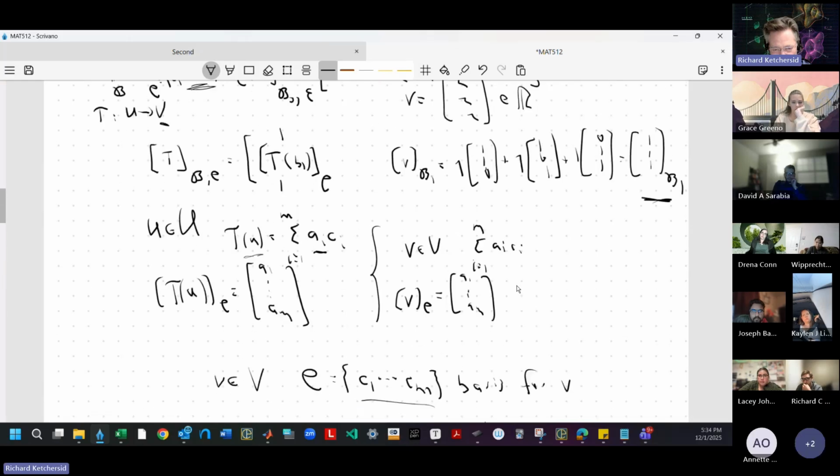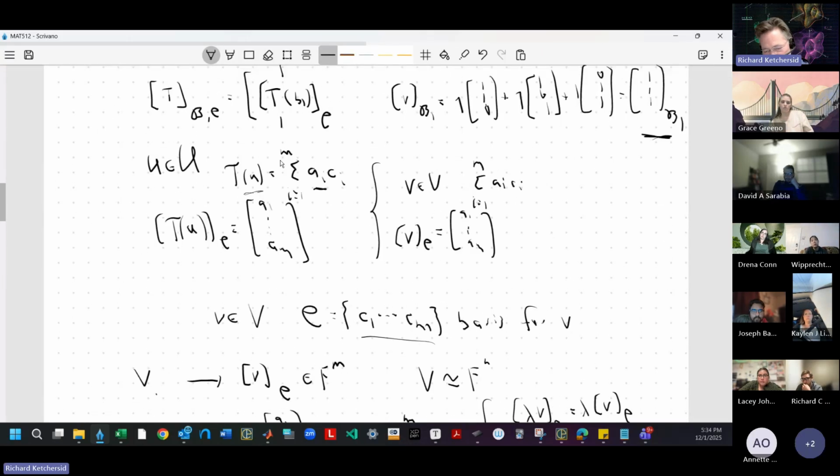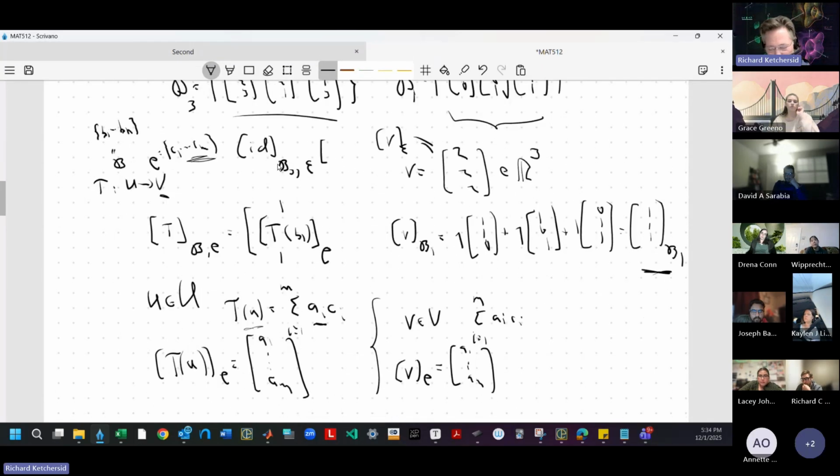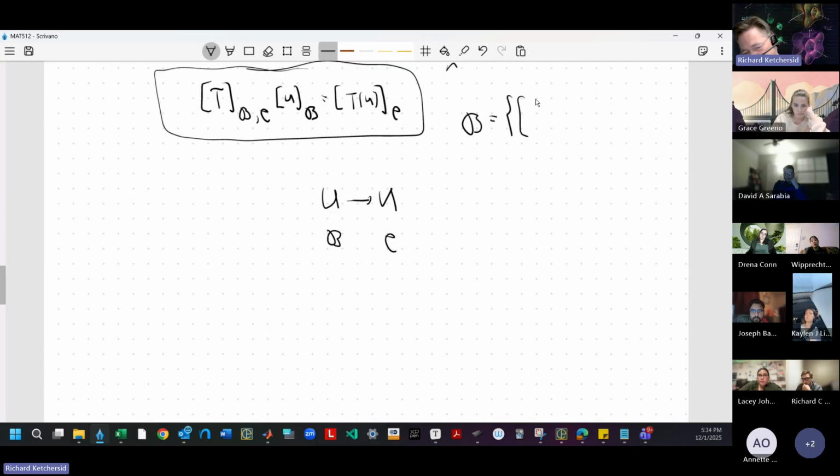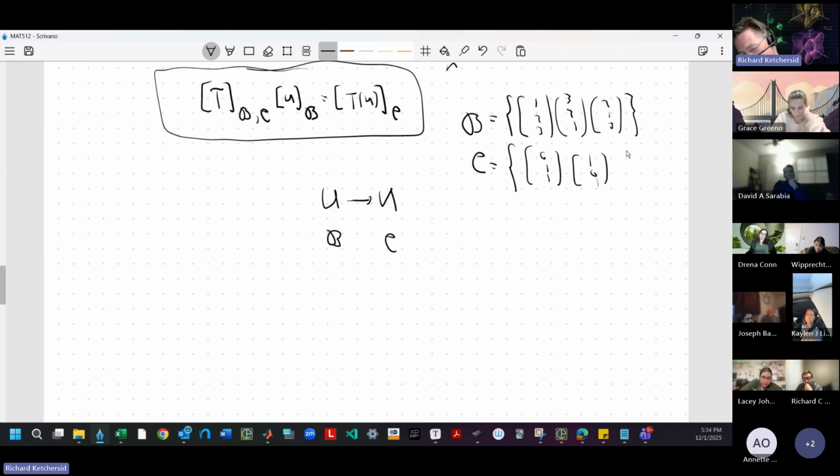I'll try to get it right. 1, 2, 3, 3, 2, 1, 2, 1, 3, right? And my basis C was this other sort of funny basis, which was 0, 1, 1, 1, 0, 1, 1, 1, 0. So it's just like the standard basis where the zeros and ones are sort of flipped around, right? So those are my two bases, right?